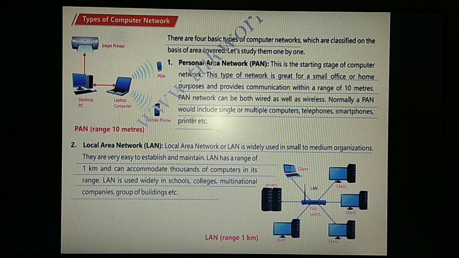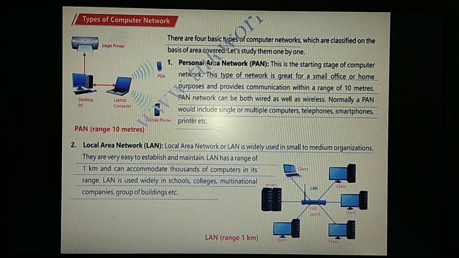LAN is used widely in schools, colleges, multinational companies, groups of buildings, etc. Within schools there are lots of computers used by teachers as well as students, and all those computers can be connected to each other.